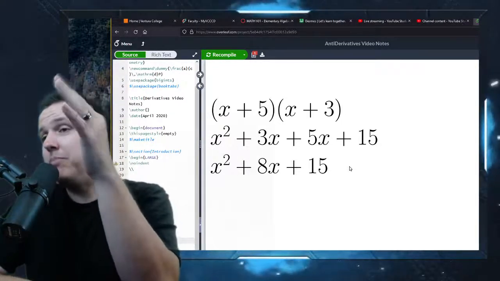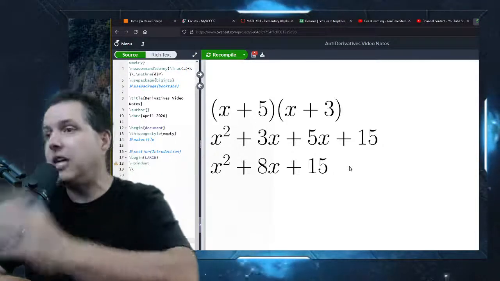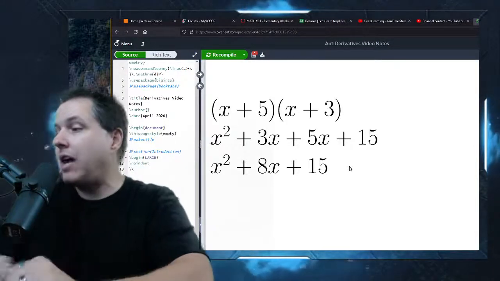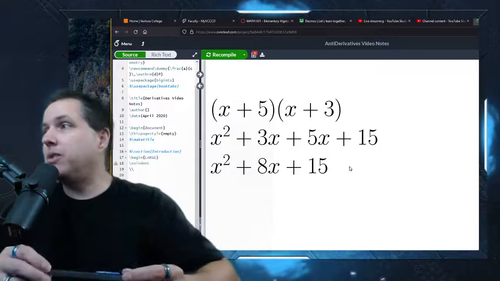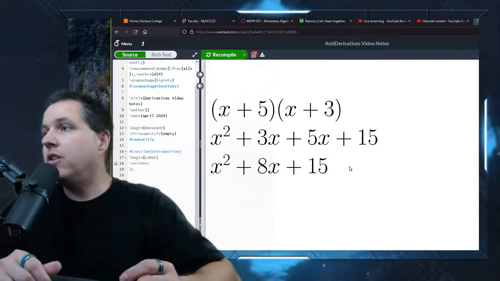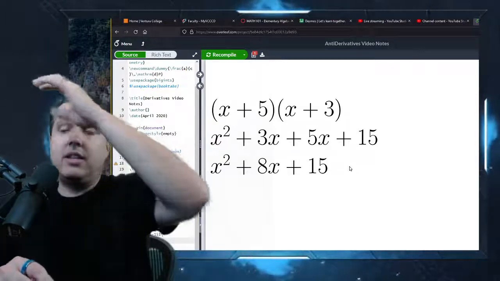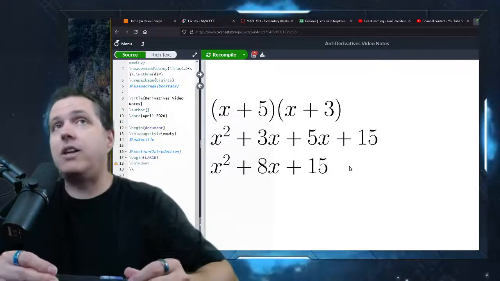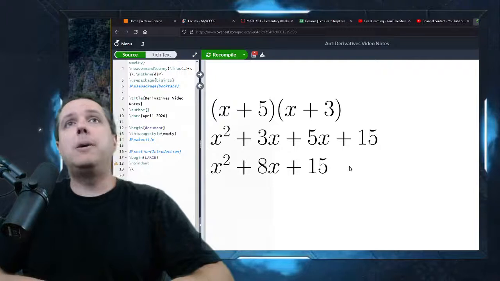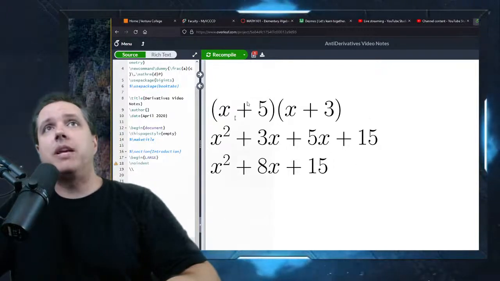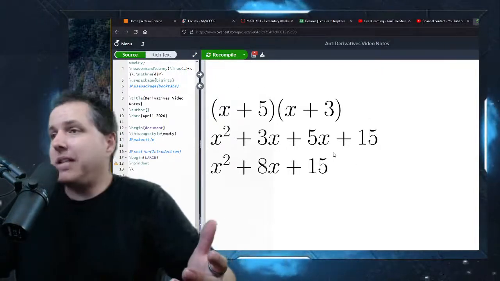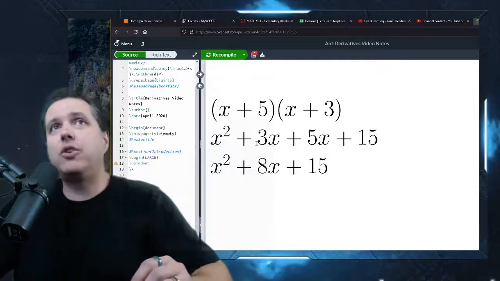Does it help some people to draw that big X on their page? It seems to. I'm not sure why it's helpful, but it seems to help some people. So if that's you, then good. Do that, right? So go ahead and do that. It just depends on what method works for you, right?